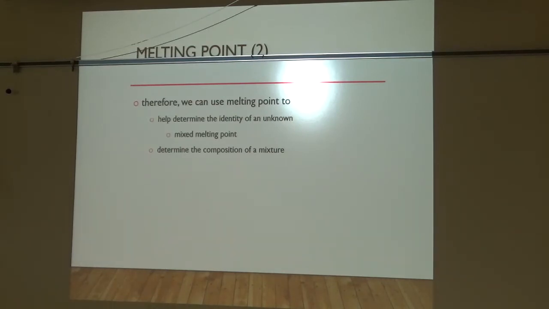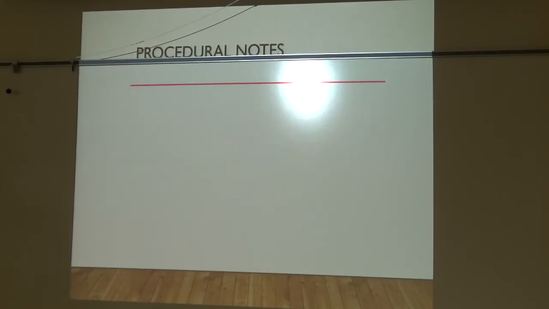From that data, you're going to create a standard curve and then use that to extrapolate the percentage of DPP in your unknown.